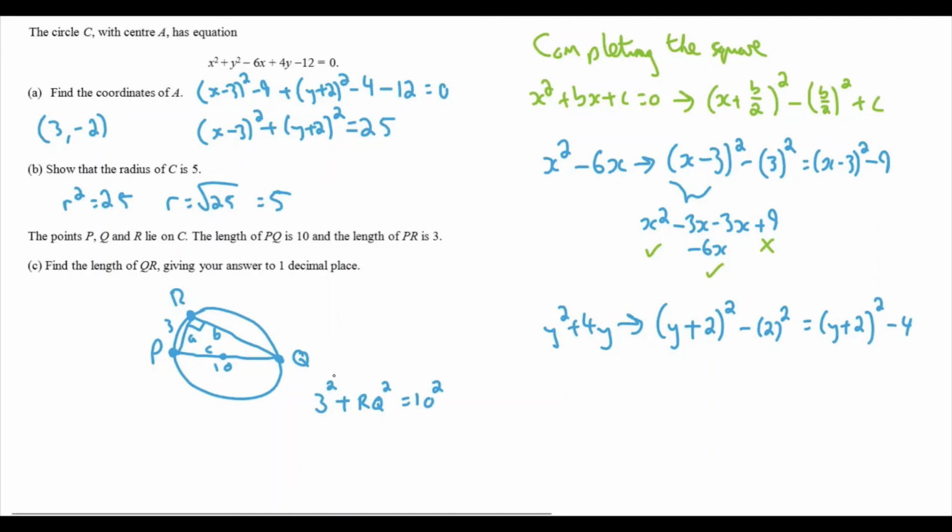If we minus the 3 squared over and square root, you get this length here for your QR of square root 10 squared minus 3 squared. Plug that in your calculator to 1 decimal place. You get that as a length of 9.2.